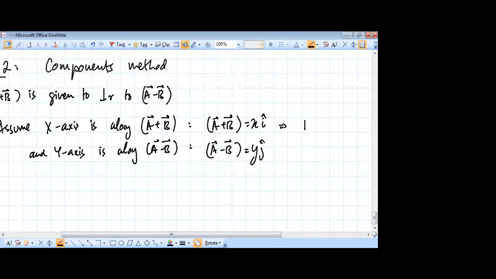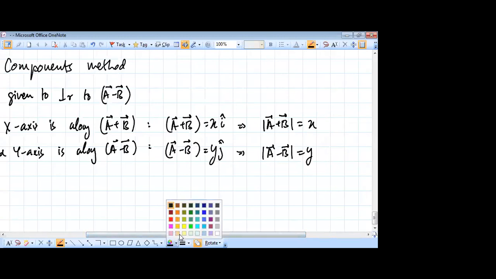This means that magnitude of A plus B is x and magnitude of A minus B is y.